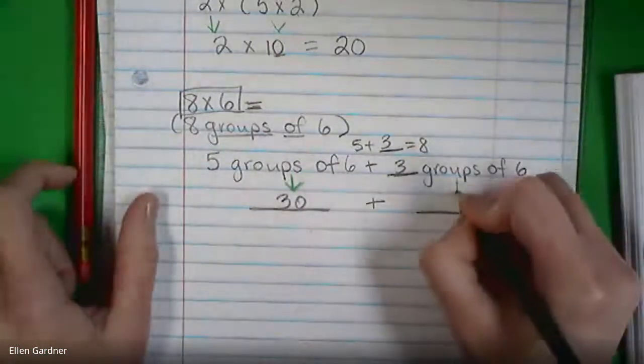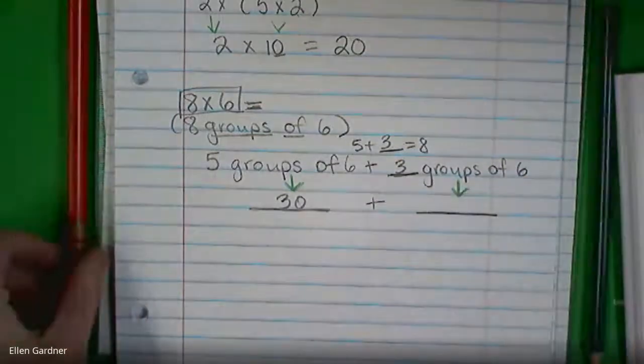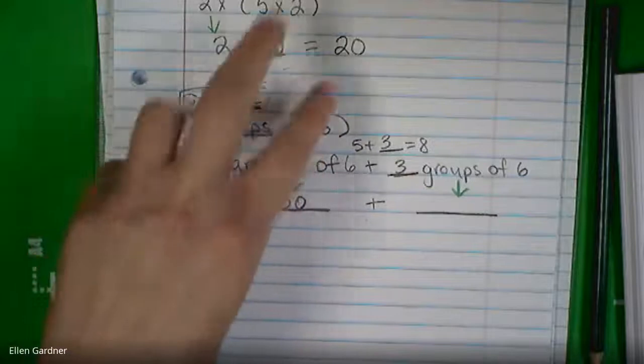Now, 3 groups of 6. What is 3 times 6 or 3 groups of 6? Arshad? 3 groups of 6 or 3 times 6. What is it equal to? Very good. 6, 12, 18.